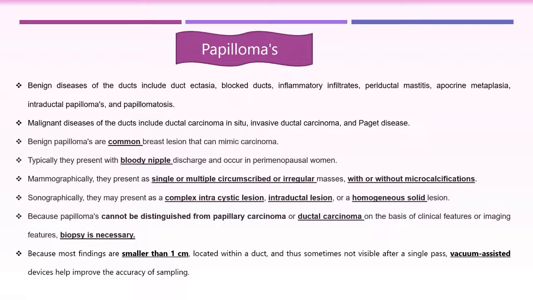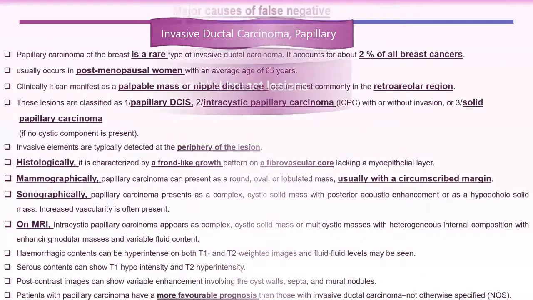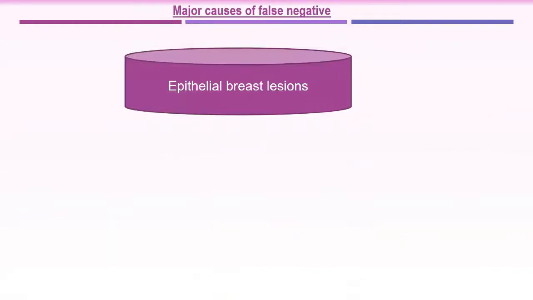We have no time to talk about the pathology now, because we'll talk about pathology later. But at least we have the examples of epithelial lesions. We went through which epithelial lesions? So here, how many epithelial lesions did we discuss?